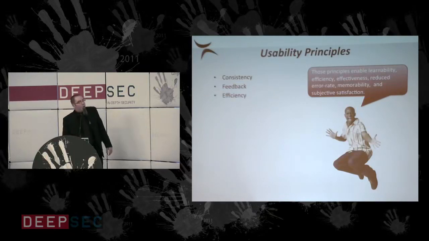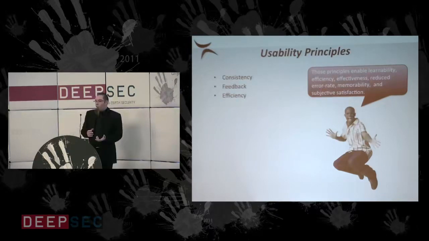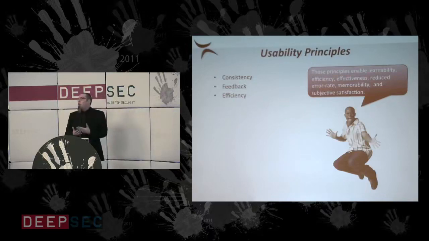I already have been talking about efficiency, a principle which developers tend to maximize. In general, all these principles have to be combined in trade-offs. So you need to know your end users, and then you can say, okay, for this end user group, I have to maximize this or that principle.